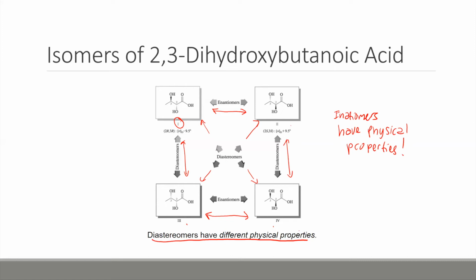This is going to be important when we're talking about how we separate enantiomers. I noted that enantiomers are hard to separate because they have the same physical properties. We can't separate them by melting point or boiling point. However, diastereomers can be separated via these.